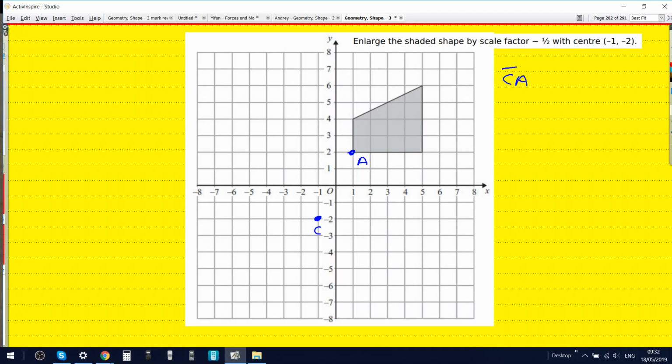Mm-hmm. And then scale factor is -0.5. So if I do 2 times -0.5, it's -1 and -2. Yeah.